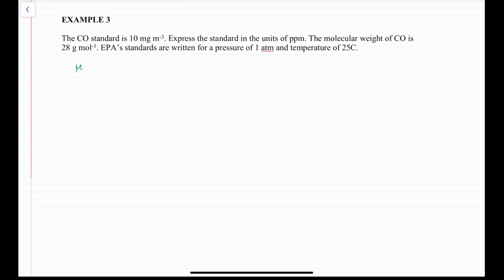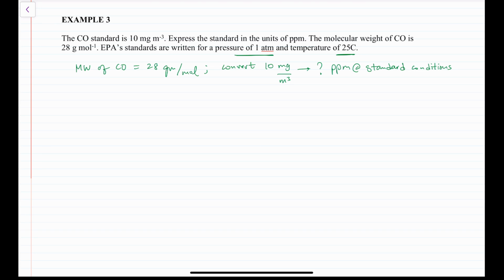The molecular weight of carbon monoxide is 28 grams per mole, and we have to convert 10 milligram per meter cube to ppm at standard conditions. And how do I know it's standard conditions? Because it's temperature of 25 degrees Celsius and a pressure of 1 atmosphere.